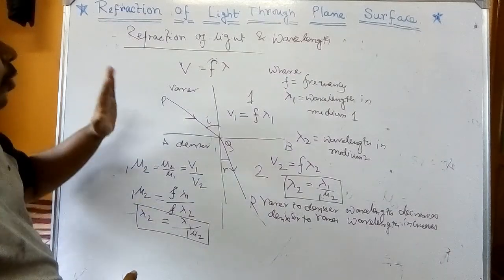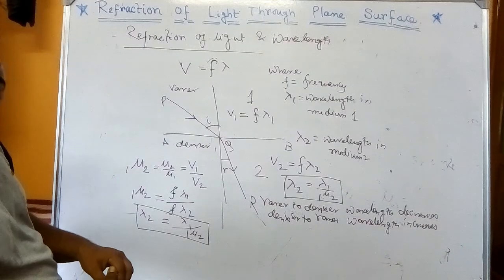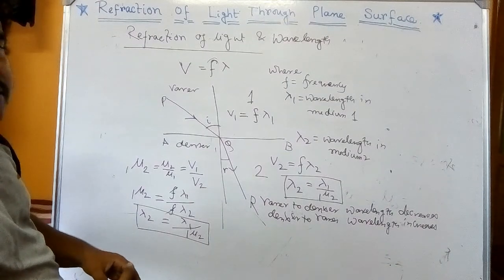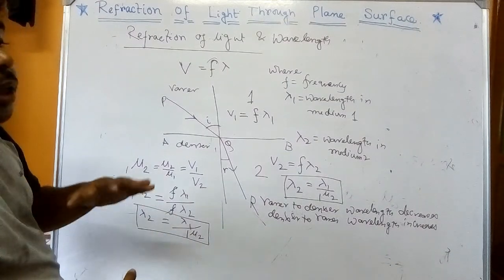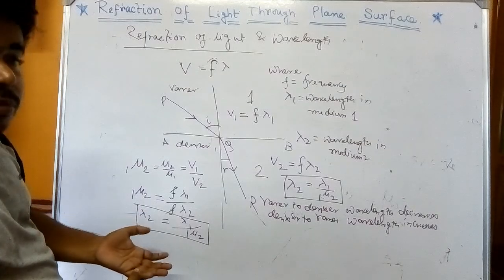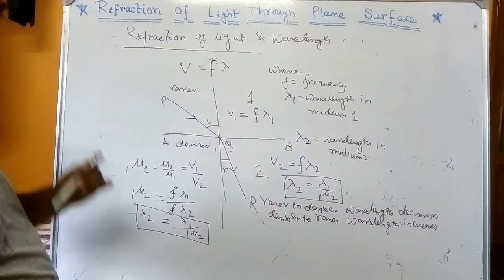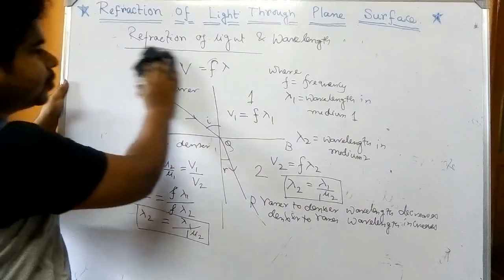So if the wavelength is given in a medium, and I want to find the wavelength in another medium, how do we do it? Let's see.